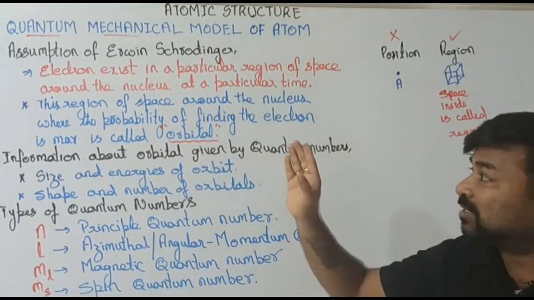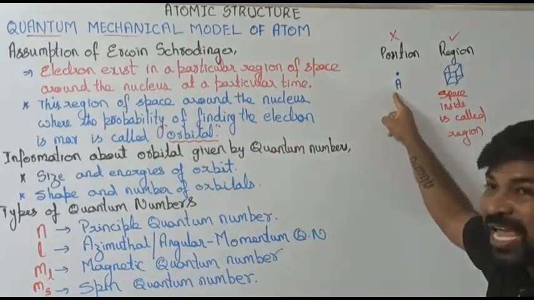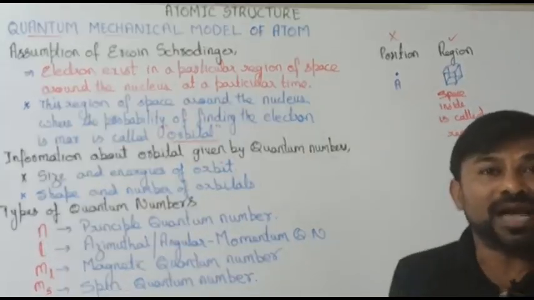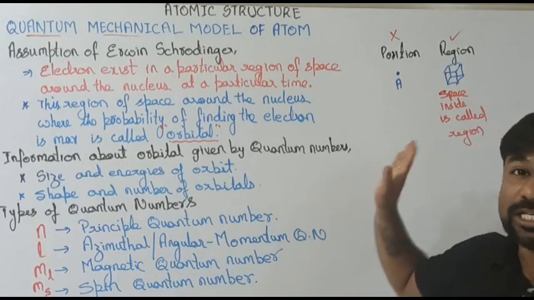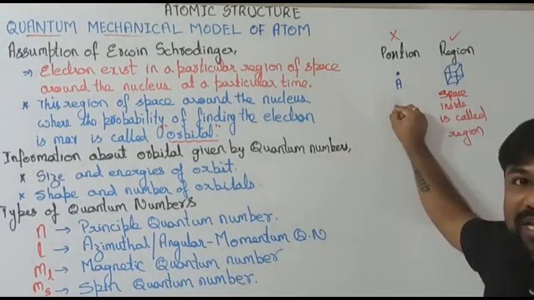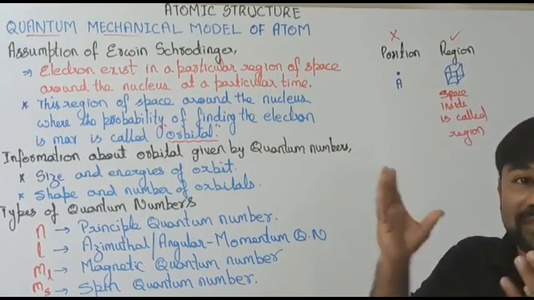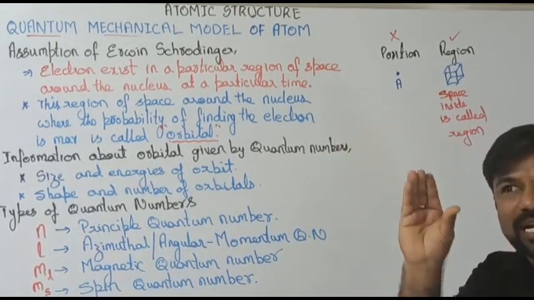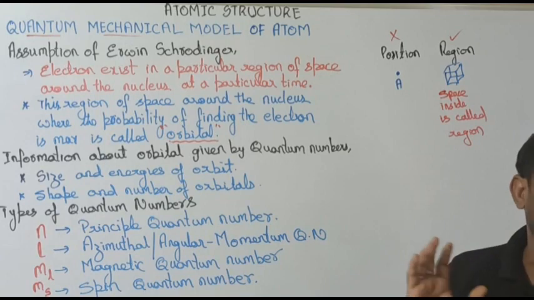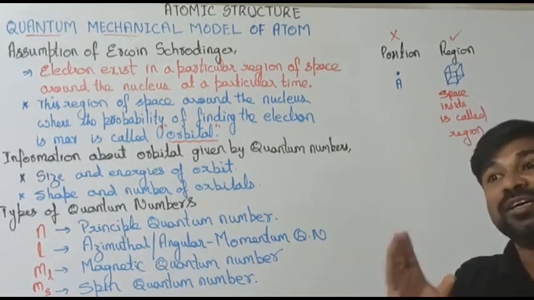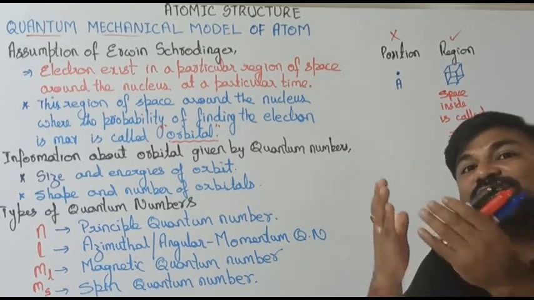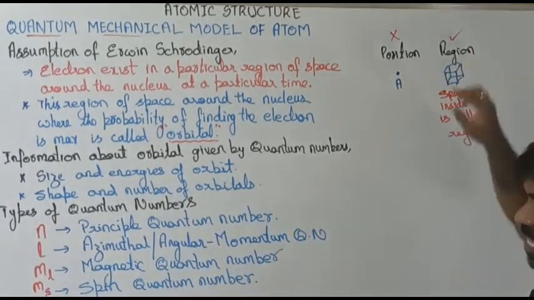He didn't give a particular place of an electron at a particular time. We can't tell the exact position of the electron at a particular time, but we can say that it may be present in that space.